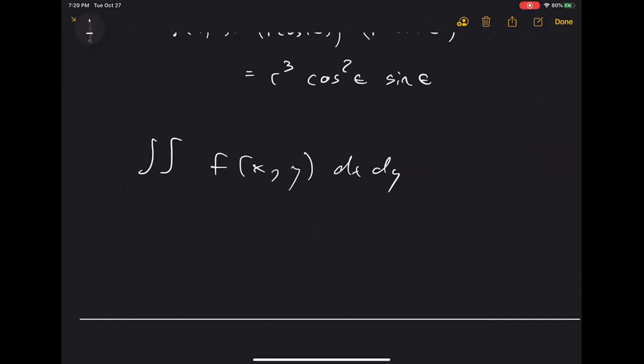In my function, I replace my x with r cosine theta, I replace my y with r sine theta, and then I replace my dx dy with r dr d theta.